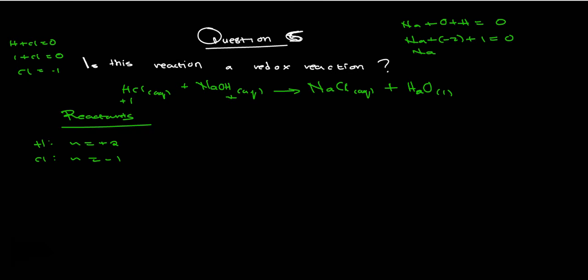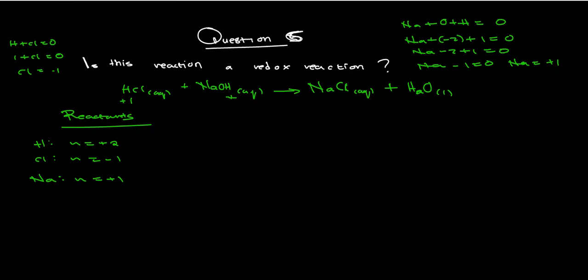So for our sodium here, we have -2 plus 1 is equal to 0. So sodium is equal to -2 plus 1, which is -1, is equal to 0. Then when it crosses the equal sign, our sodium will be positive 1. So here the oxidation number of sodium is +1.